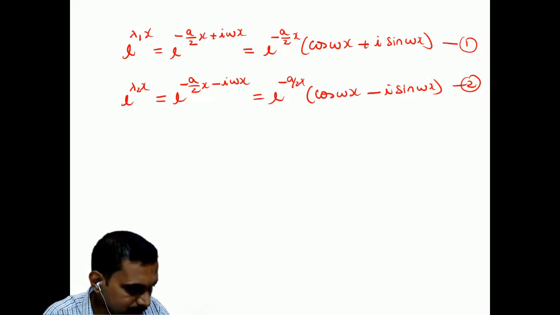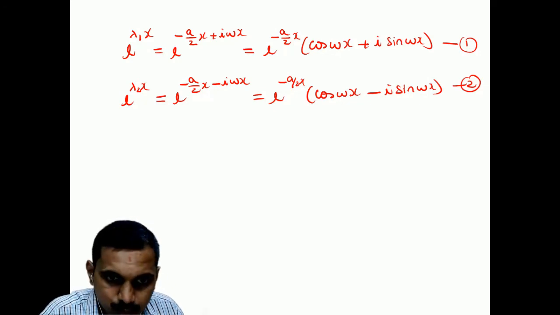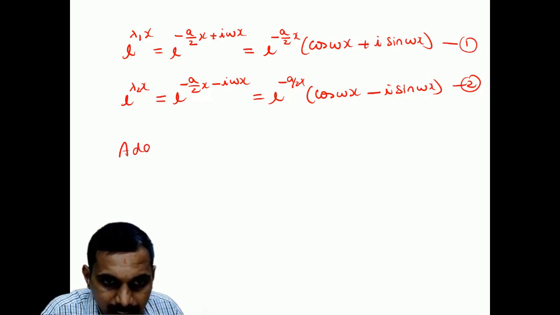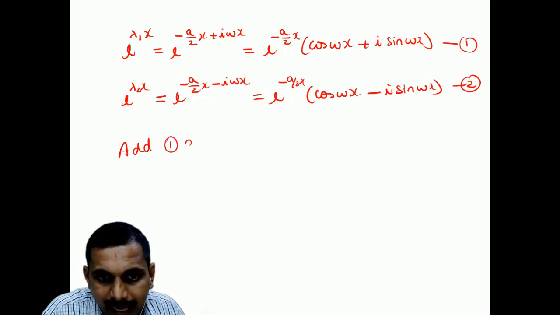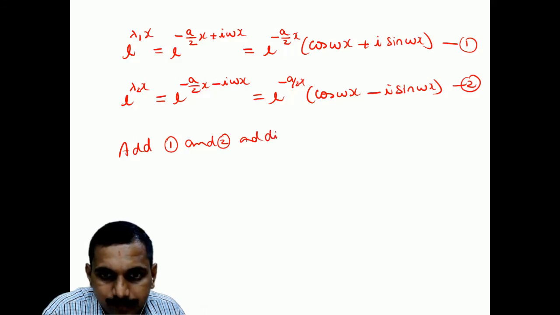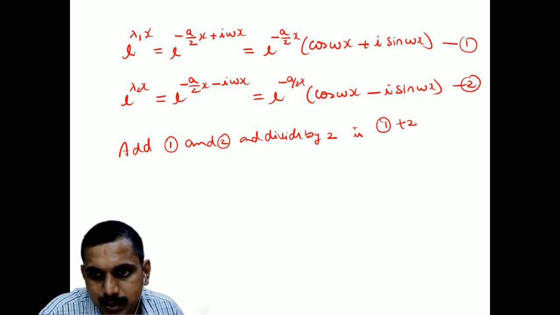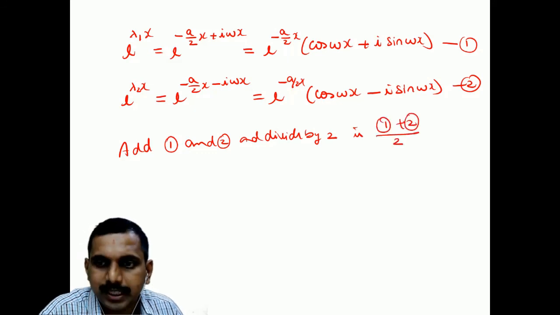Now add 1 and 2 and divide by 2. That's what we are doing, 1 plus 2 divided by 2.